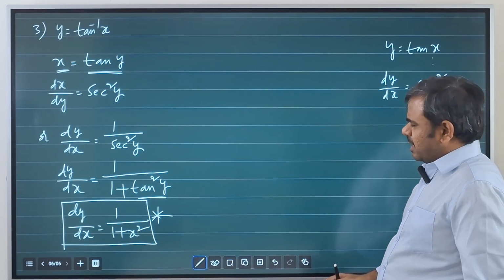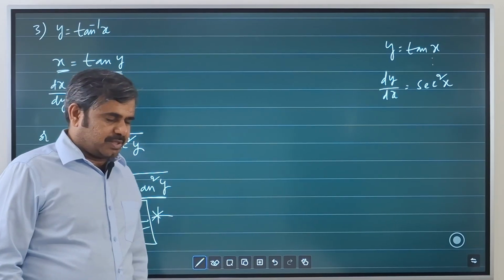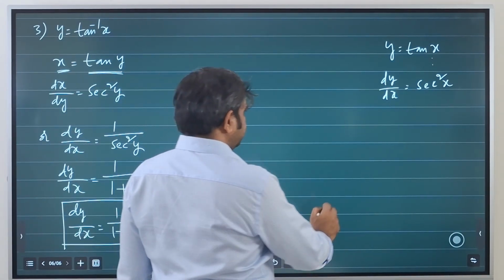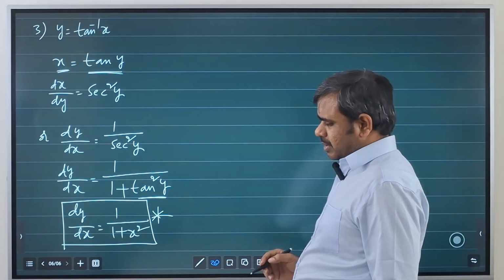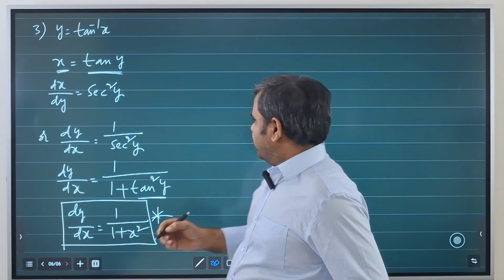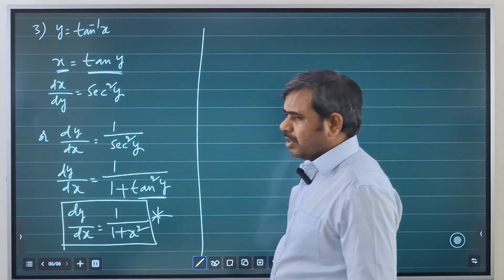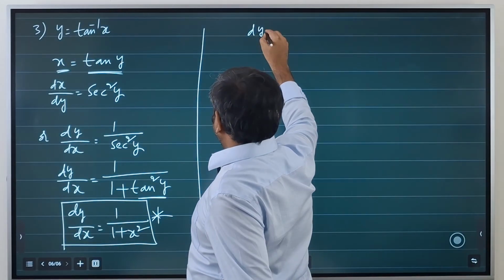So like this, we can write down the derivatives of inverse trigonometric functions. Until now in differentiation, we discussed the meaning of differentiation in physics.